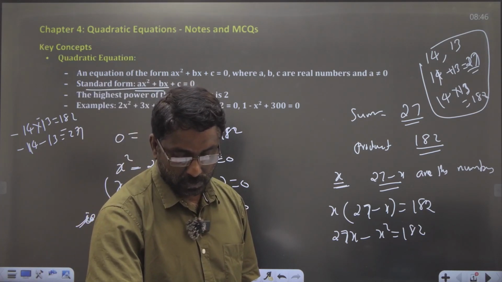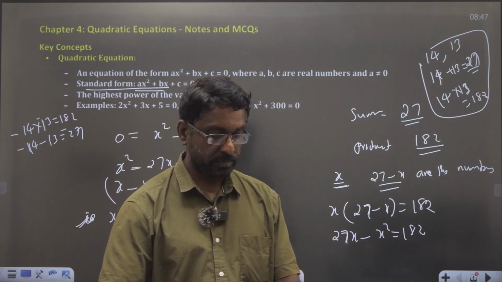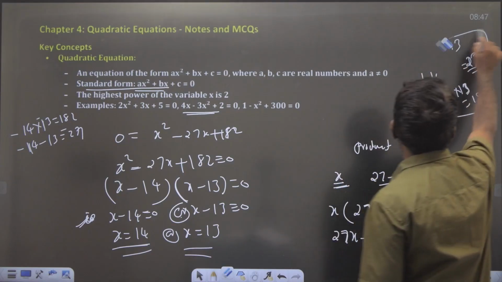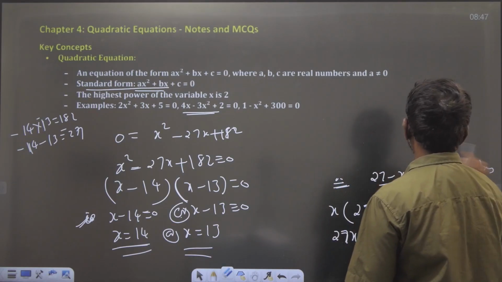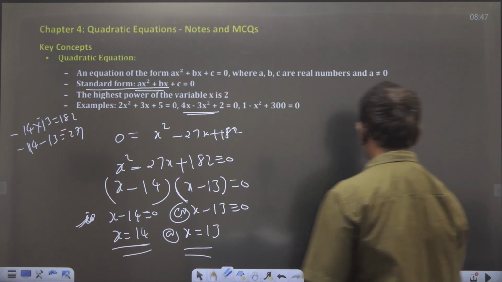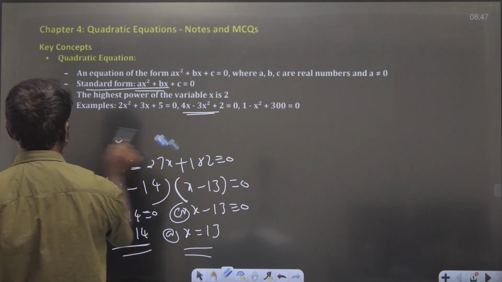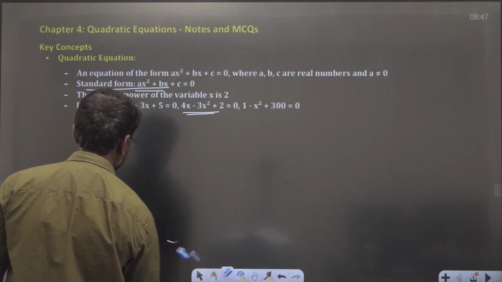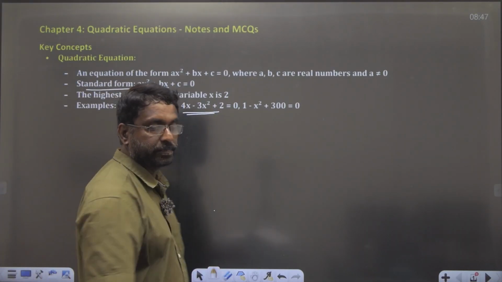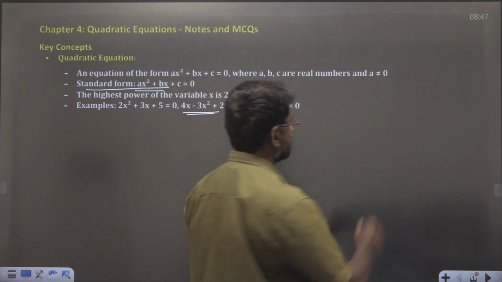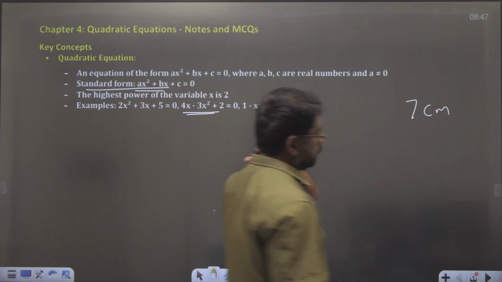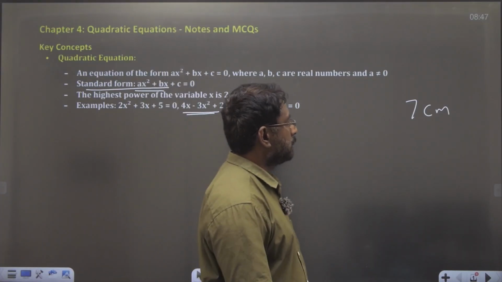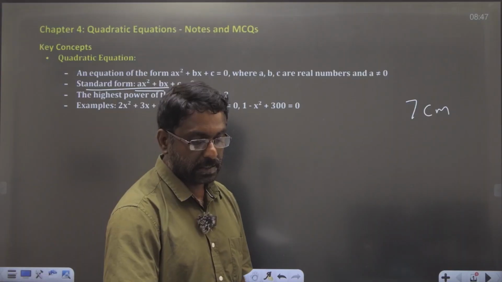Okay. Another question. The altitude of a right triangle is 7 centimeter less than its base.